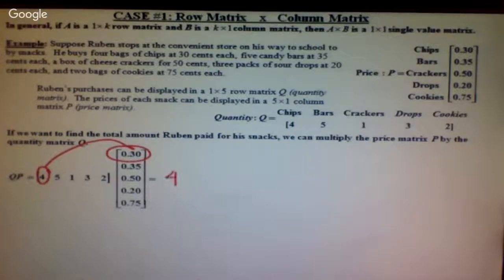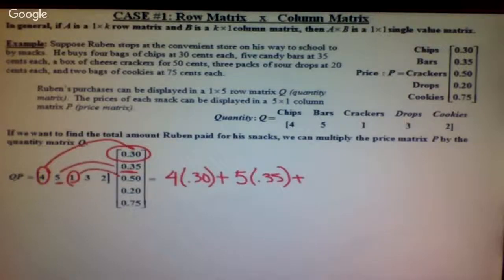So we've got 4 times 30 cents. Plus. Then you take the second one and it gets multiplied by the second one. 5 times 35 cents. Plus, you continue to go through all of this.